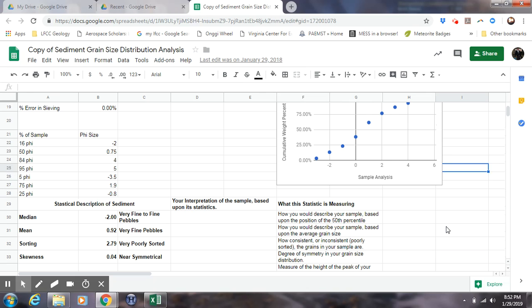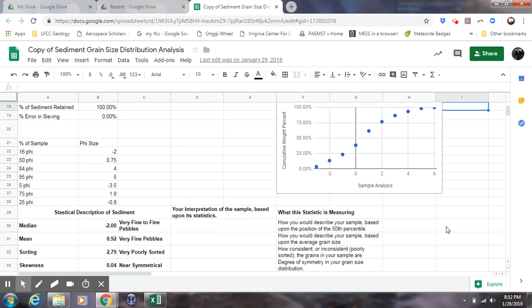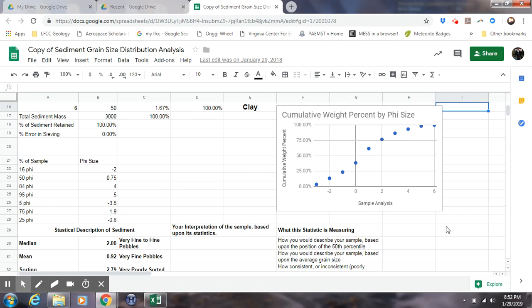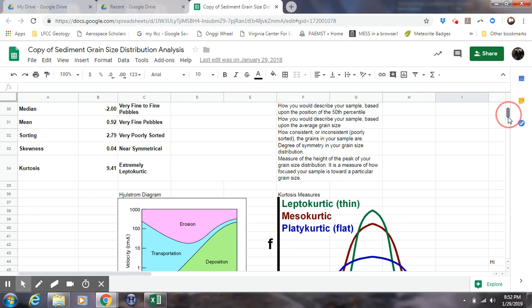Now, how do we do this? I think you did see in the other video how I read off of this graph, and the main thing is that when you're calculating things like the sorting and the skewness, you'll note here that I have the equation put in here. It's the same equation that's in that lab that you saw in the other video.